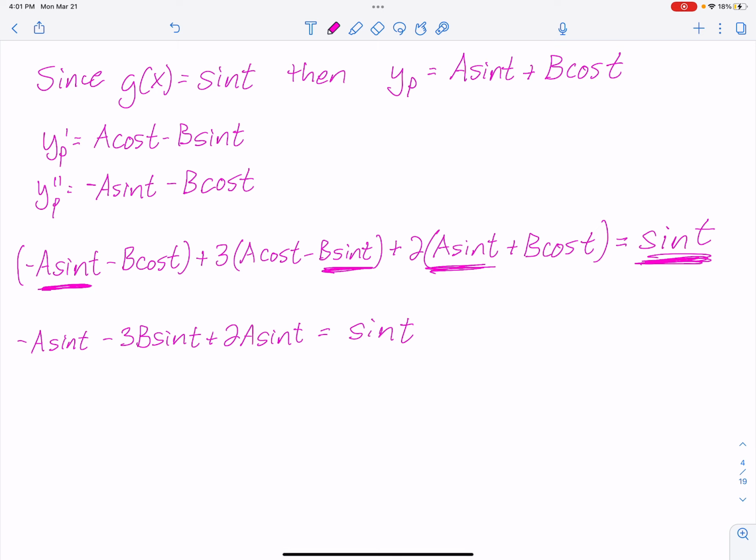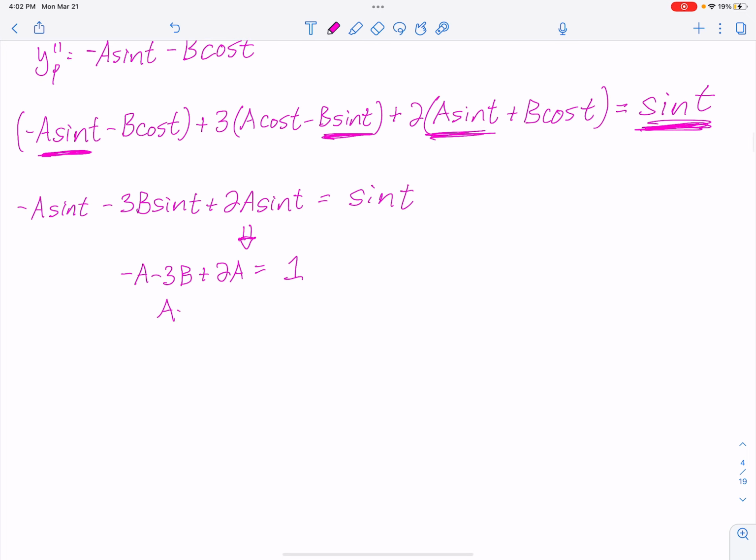What that tells us is negative a minus 3b plus 2a equals 1. That gets me a minus 3b equals 1. I'm going to highlight this, because we're going to use it in a moment.